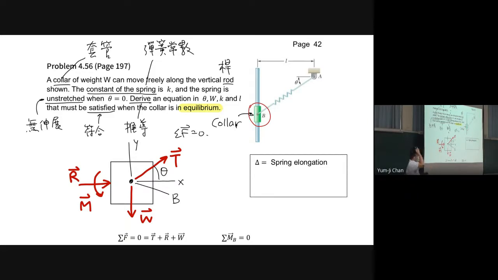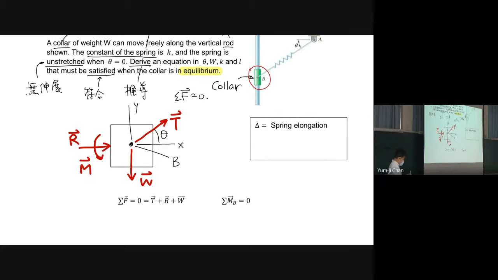Now after we draw this free body diagram, we can write summation F equal to 0 and summation M equal to 0.